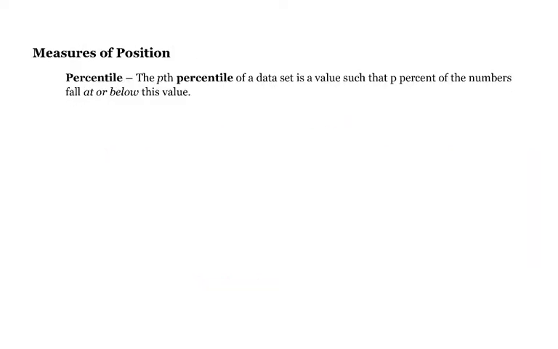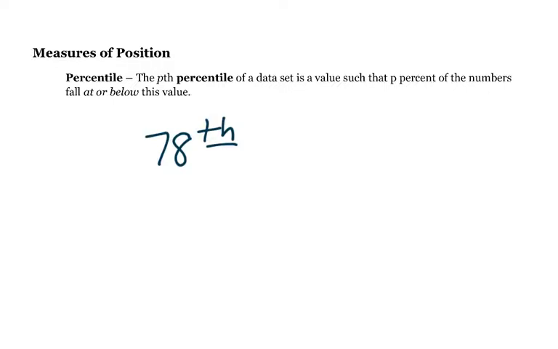The next measure we're going to look at is a measure of position. We're going to look at percentile. If you are in the pth percentile of a data set, that is the value such that p% of the numbers fall at or below this value. So when you hear that somebody scored in the 78th percentile, that means that 78% of people scored at that level or less.